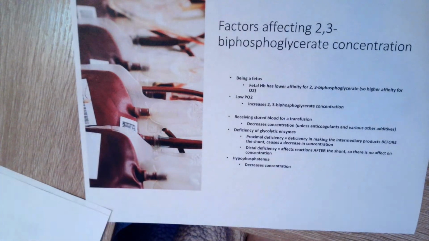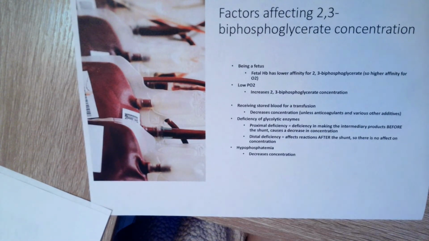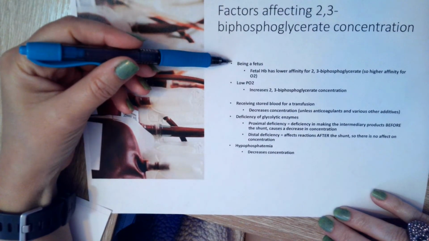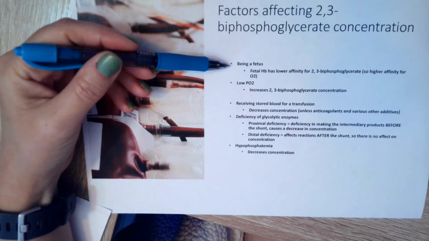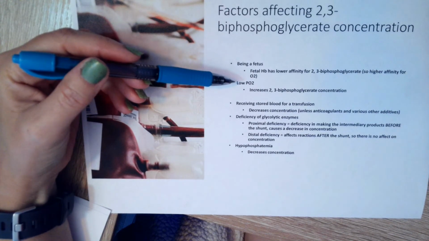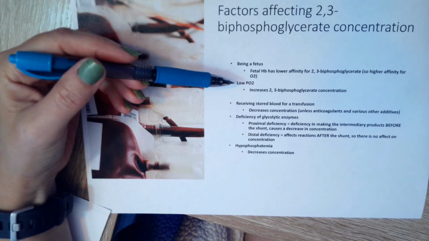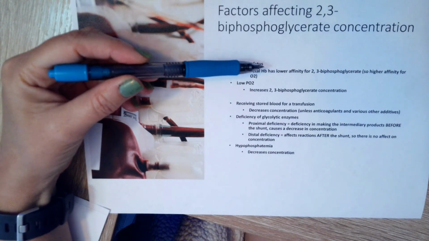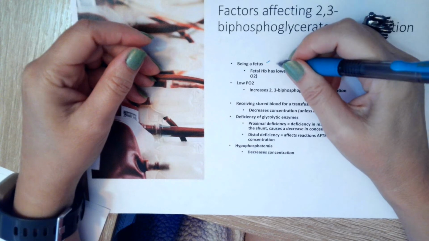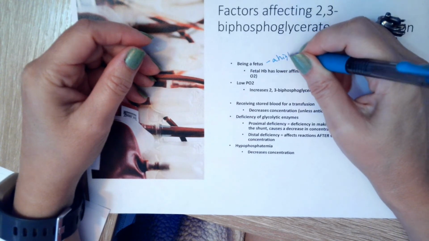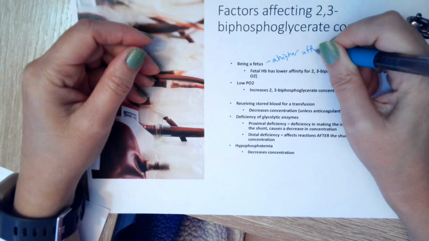Okay, so what is going to affect our 2,3-biphosphoglycerate concentration in our red blood cells? 1, being a fetus. If you are a fetus, your hemoglobin needs to have a lower affinity for 2,3-biphosphoglycerate, because being a fetus, you have to have a higher affinity for oxygen.